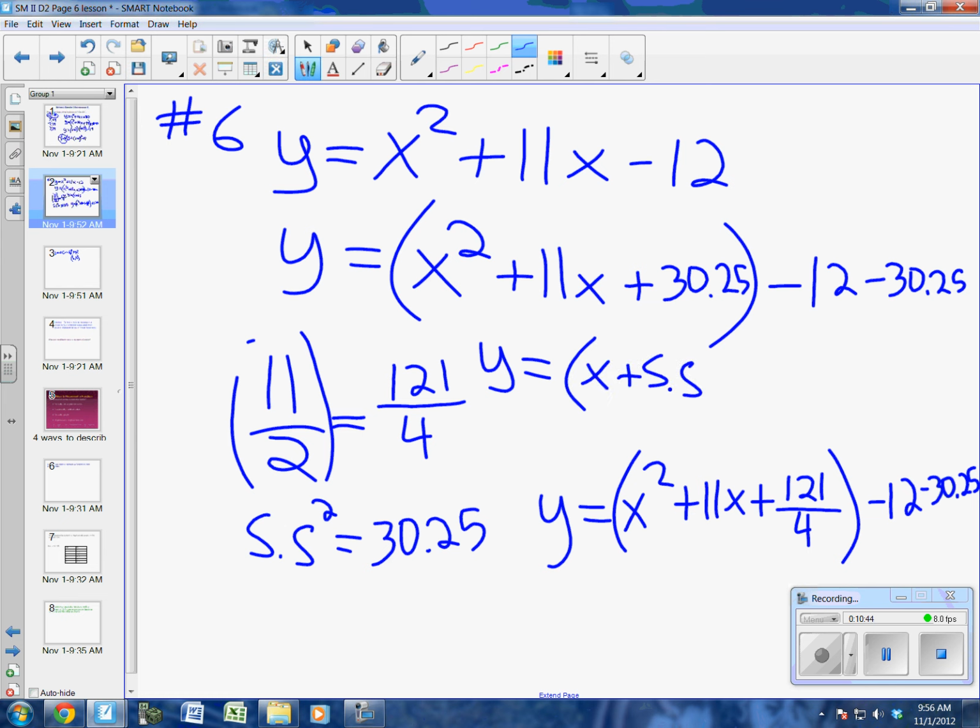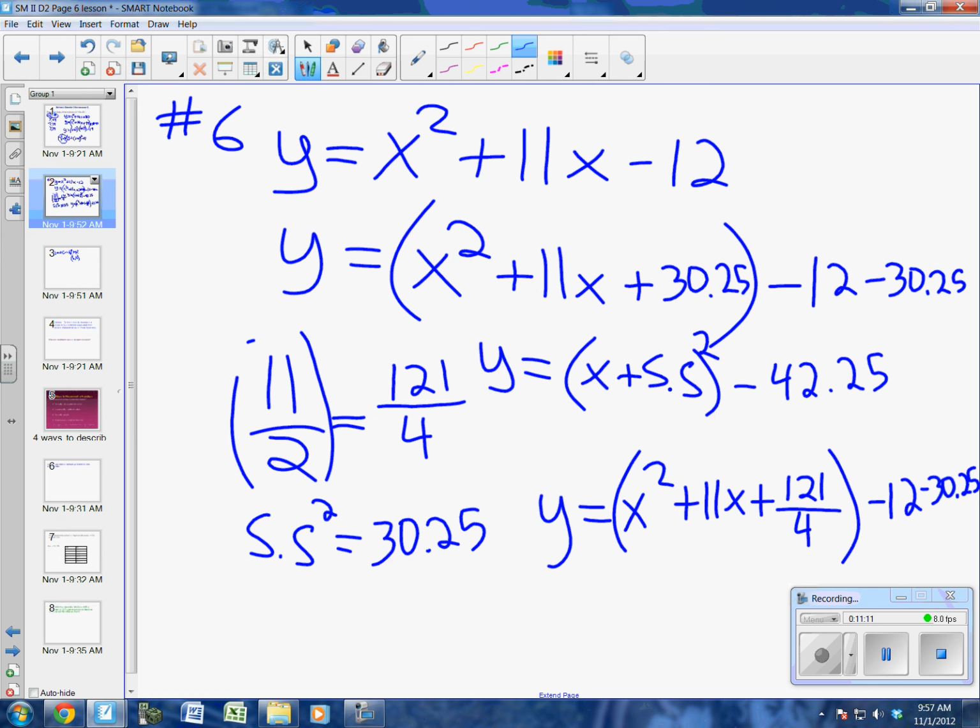Now, Stephanie, tell these guys how you got 5.5 so fast. Because we already knew that 5.5 squared was 30.25, so we knew the number was 5.5, didn't we? Okay? And then someone tell me what negative 12 minus 30.25 is. Negative 42.25.